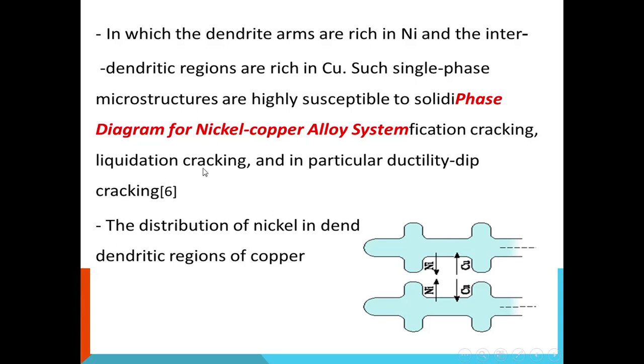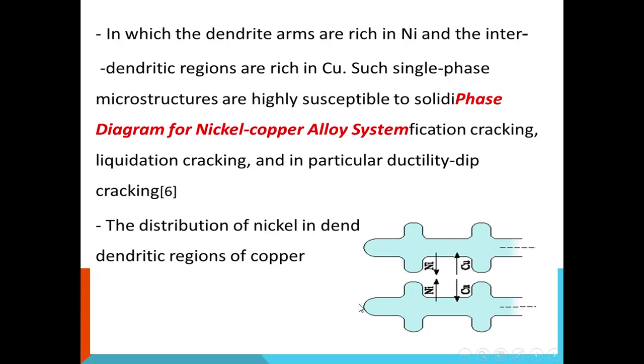liquation cracking, and in particular ductility dip cracking. The distribution of nickel in dendritic regions is different from the distribution of copper.